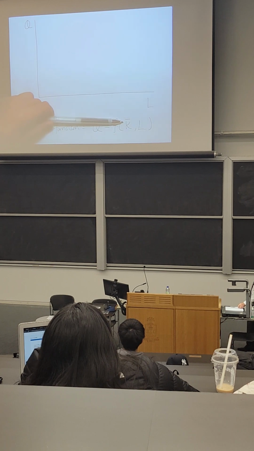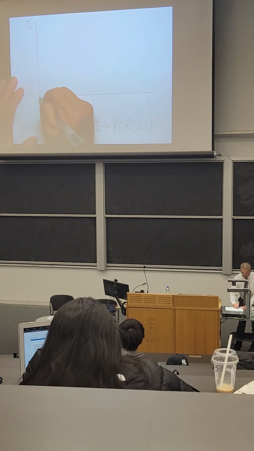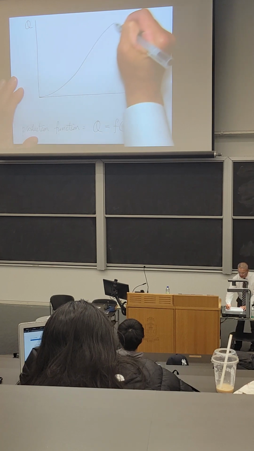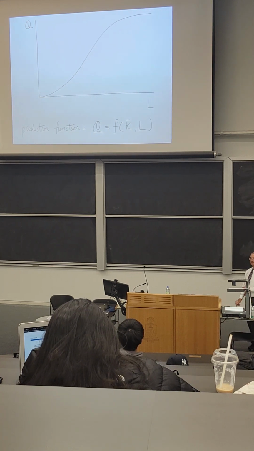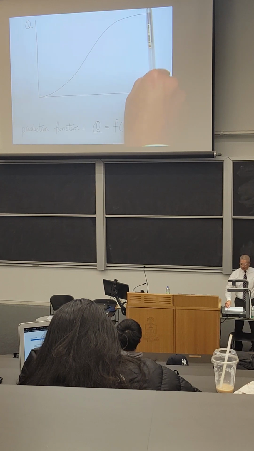K bar means fixed capital, like a given factory size. So in the short run, this is what the production function looks like. It's like a bell shape, but we cut the bell shape in half.